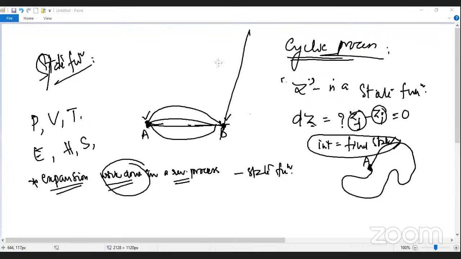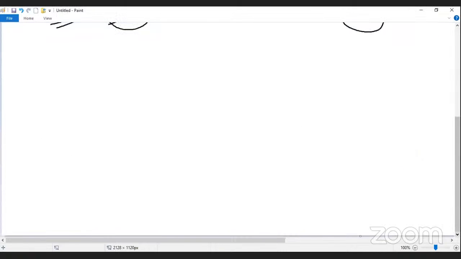If Z is a state function for a cyclic process, then delta Z is equal to 0, or dZ is equal to 0.